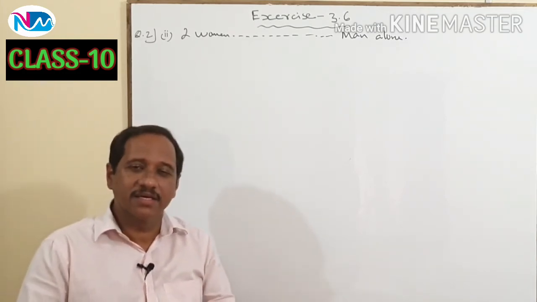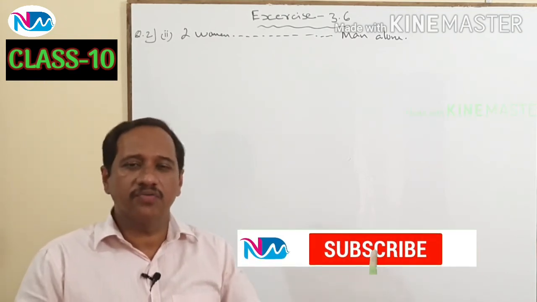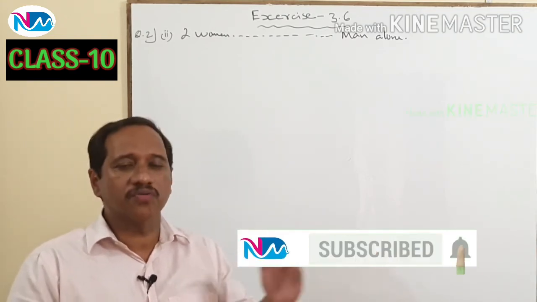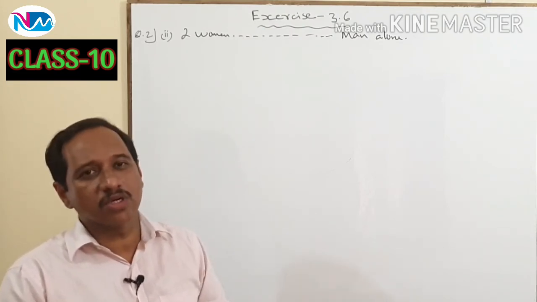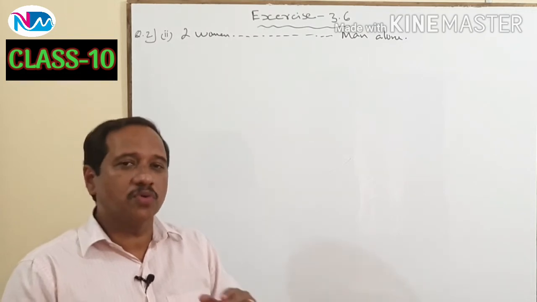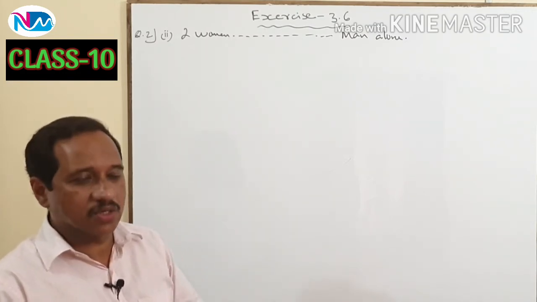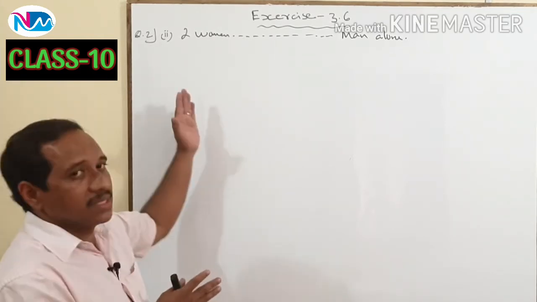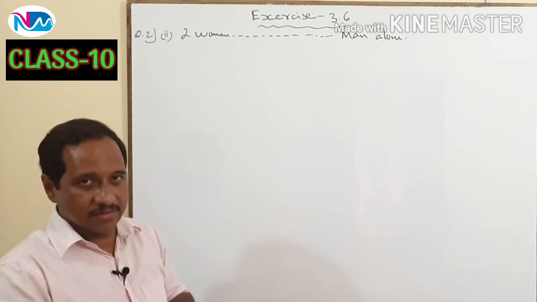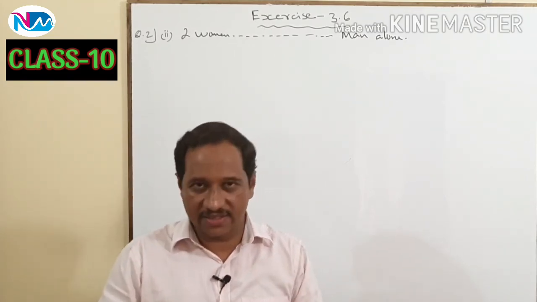In mathematics, a complete work is considered to be 1. If you say that half of the work is done, then we say that the work completed is equal to 1 by 2. If you complete the work, then we say that the work completed is equal to 1. According to the question, 2 women and 5 men can complete the work in 4 days.